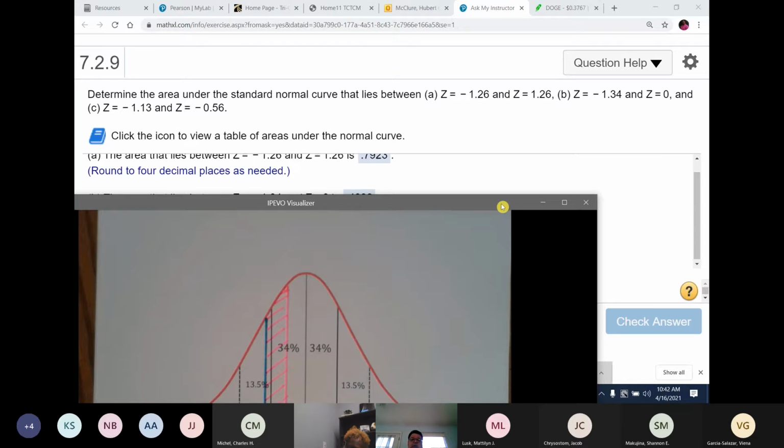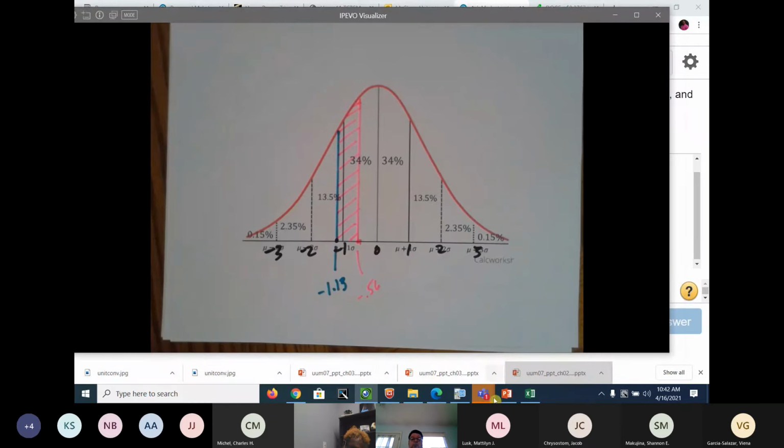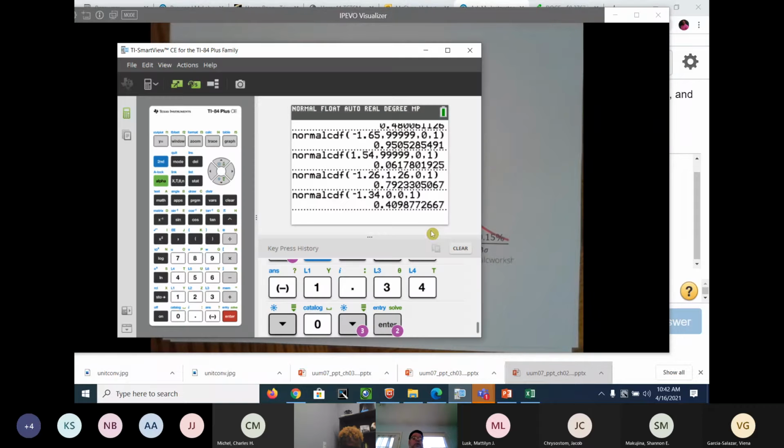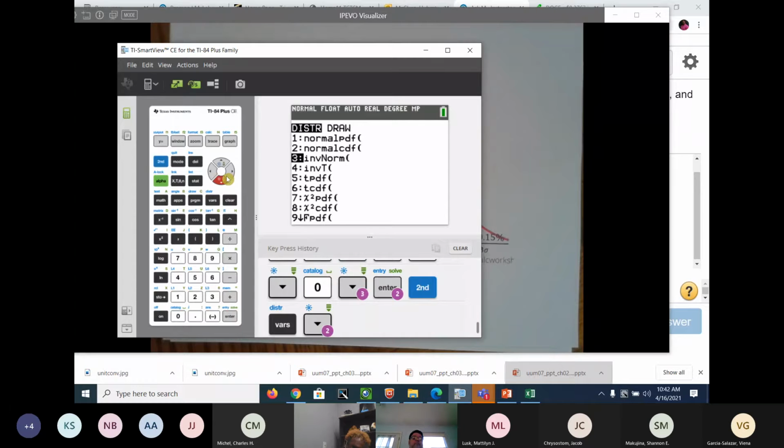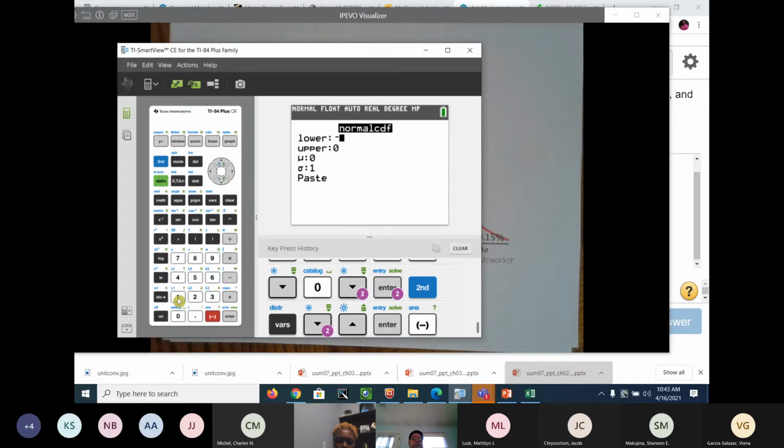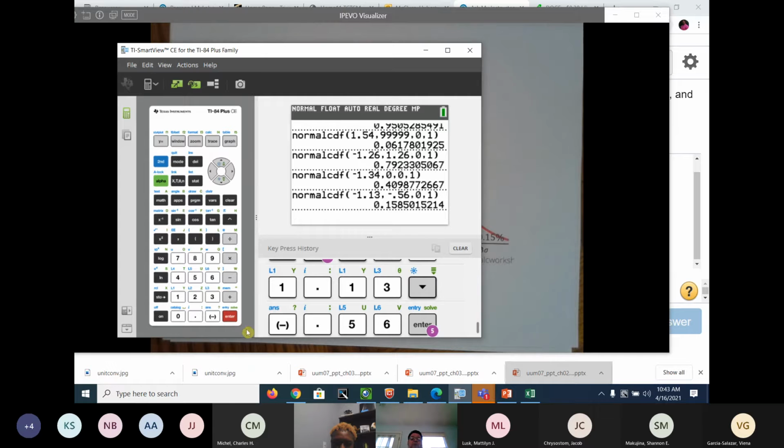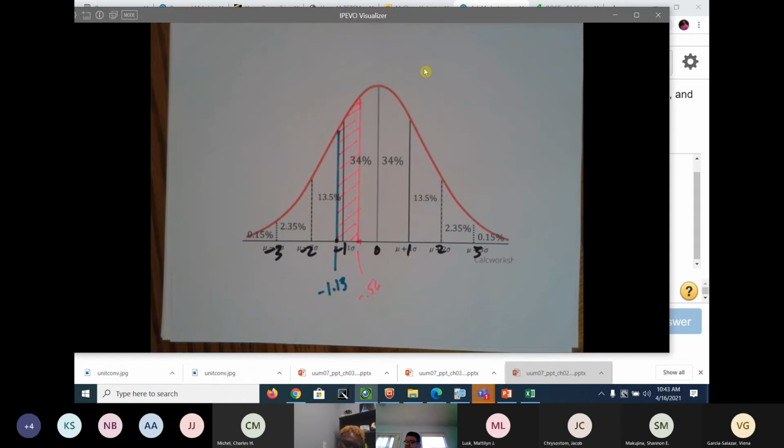So we're going to take the handy dandy calculator. Negative 1.13, comma, negative 0.56. 0.1585.